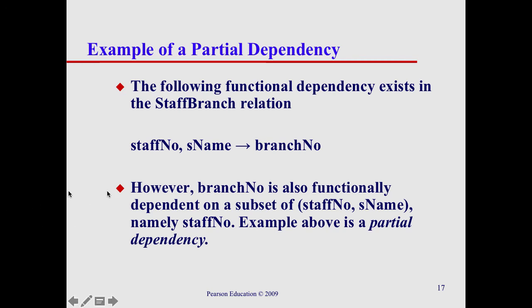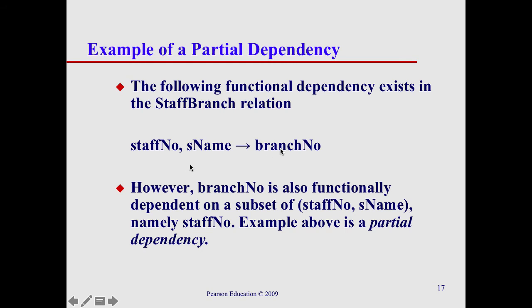So for example, it is true that staff number and staff name together determine the branch number. But that is not a full functional dependency, because staff number by itself uniquely determines branch number.